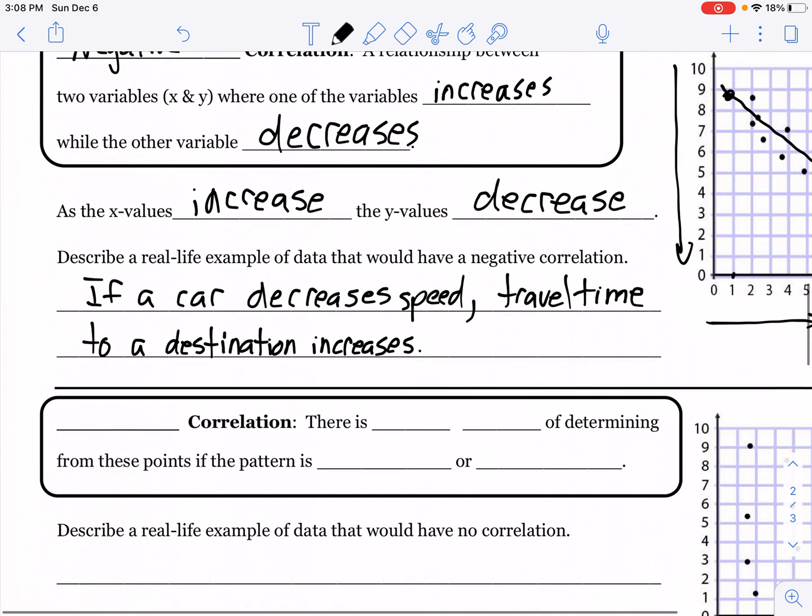So if we have a car that decreases its speed, you're slowing down, your travel time to the destination you're trying to get to is going to increase. Okay, so that would be an example of negative correlation. As one goes up, the other goes down.